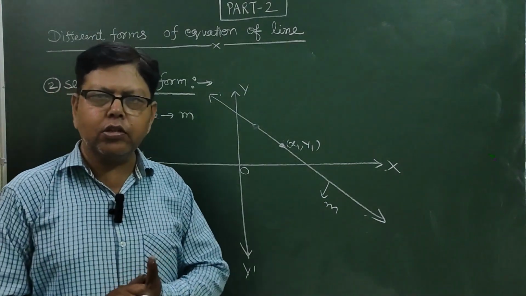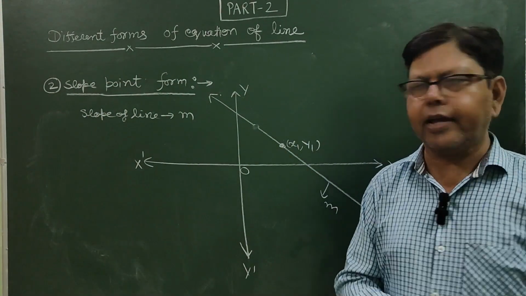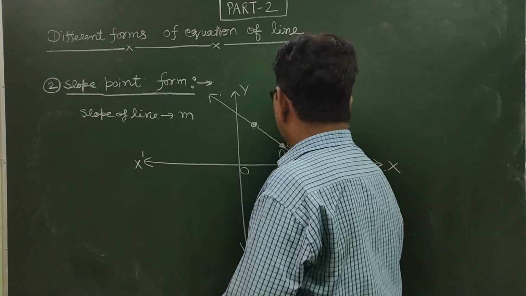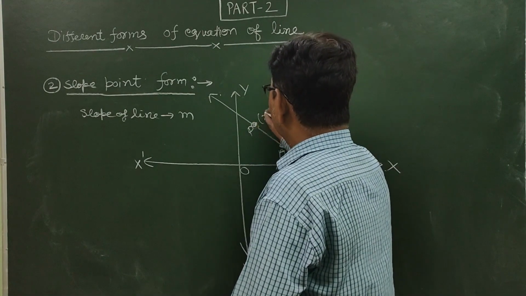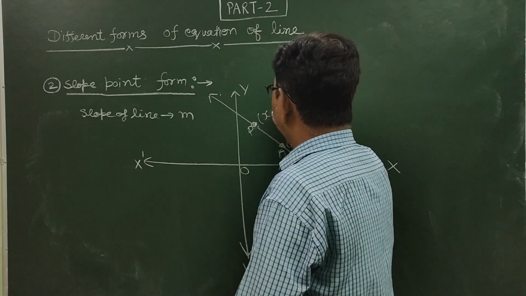Now to form the equation, let us consider a variable point on the line which has the coordinates x, y. Let this be A, and this be P, with P as x, y.